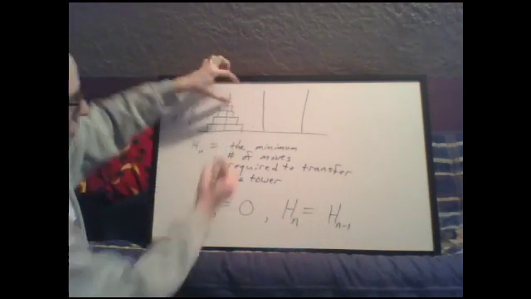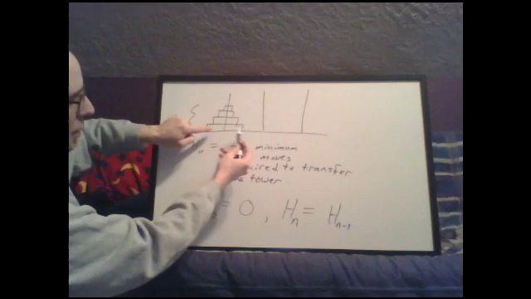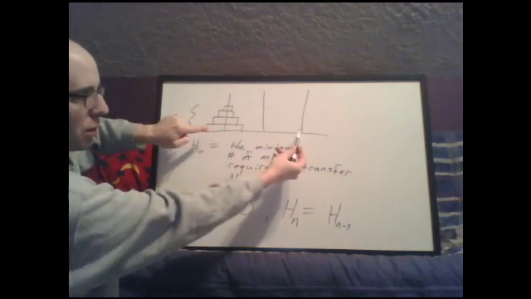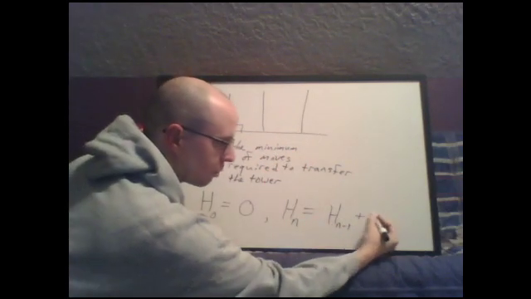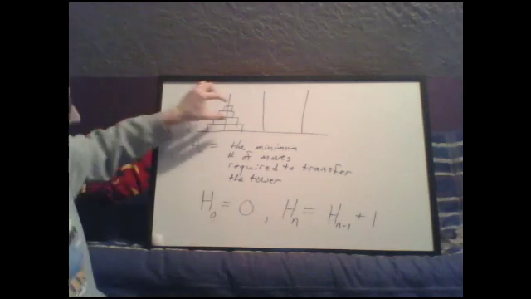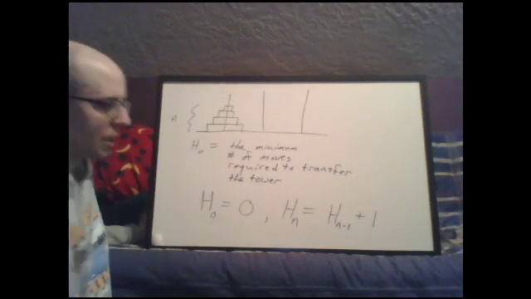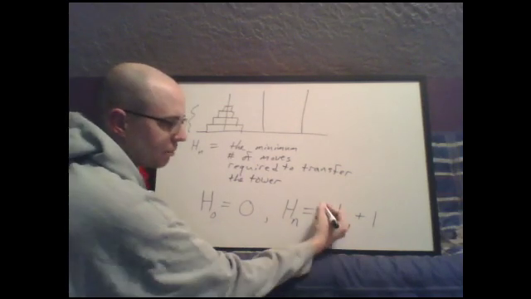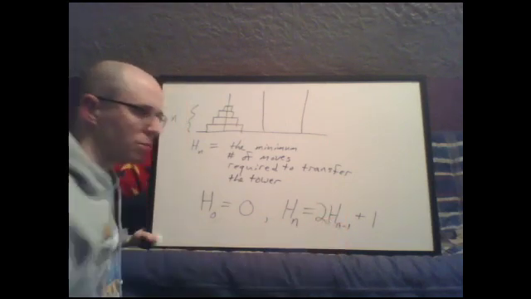So now we've moved the smaller tower over. Then we can move the big disk to the third peg. That's one more move. Then we have to move the smaller tower back on top of the big disk. So that takes another Hn-1, so that gives us 2 Hn-1.